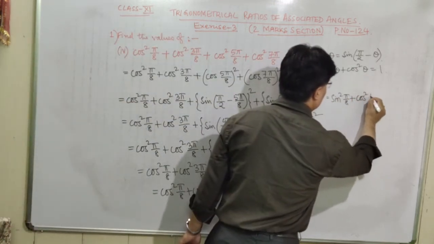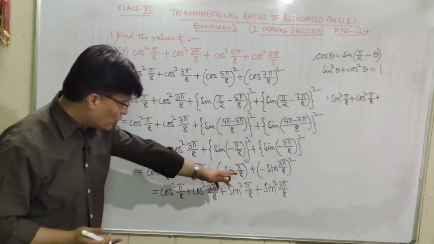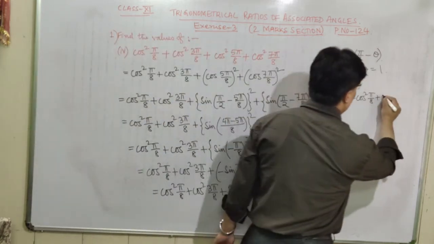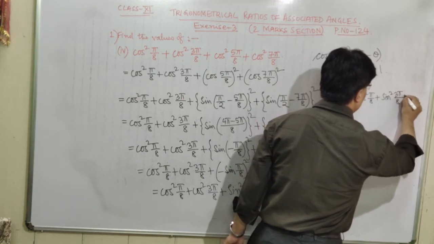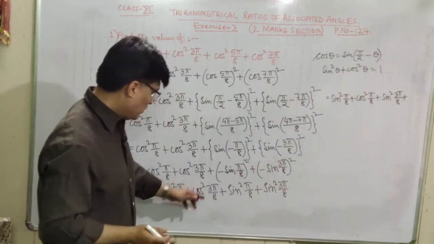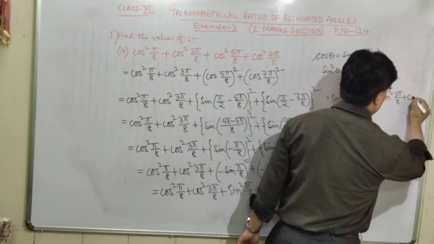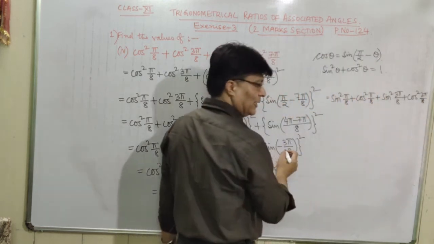Similarly write down the fourth term, that is sine square 3 pi by 8, plus, what is the second term? It is cos square 3 pi by 8.